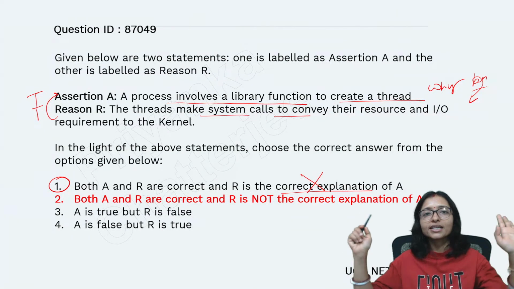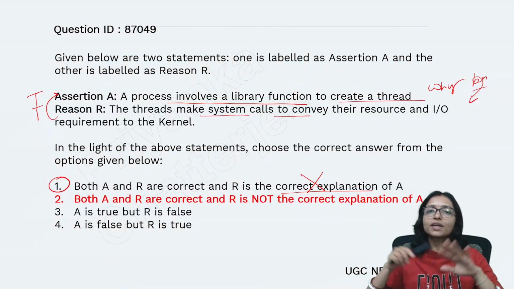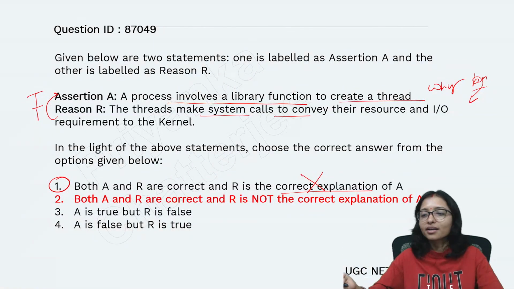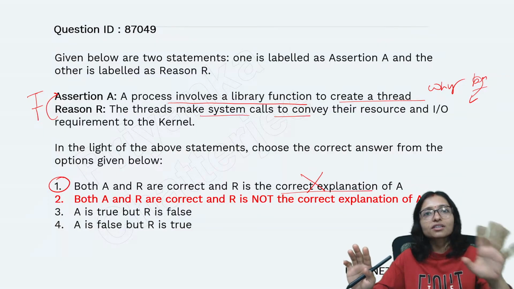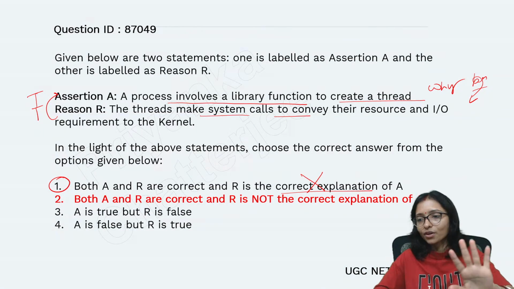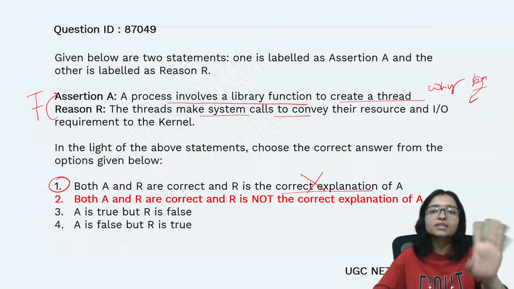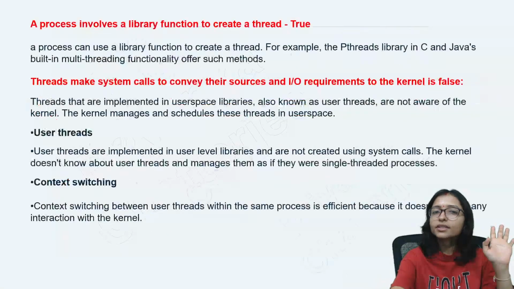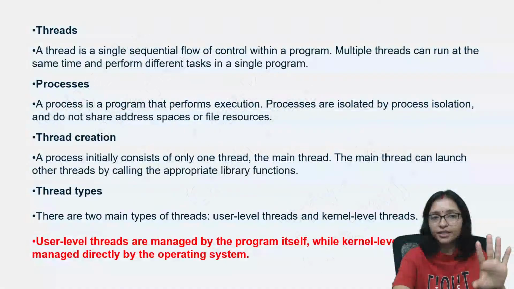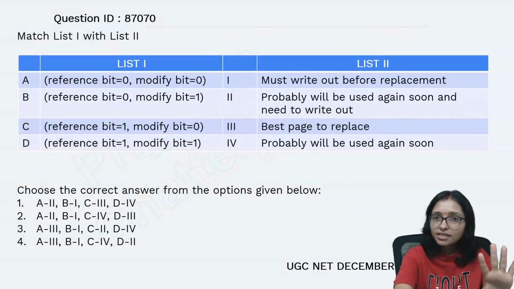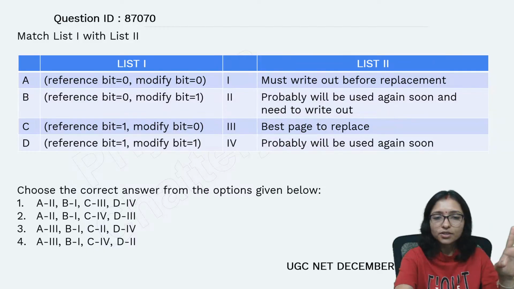Why are you wearing a jacket? My name is Priyanka. It is not a correct explanation. Think like that whenever you are doing assertion and reason. Otherwise mistakes will happen. Ask yourself why. Am I getting the correct answer? Then only true, otherwise not.